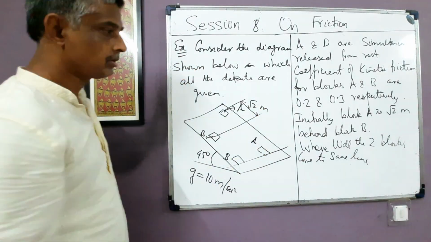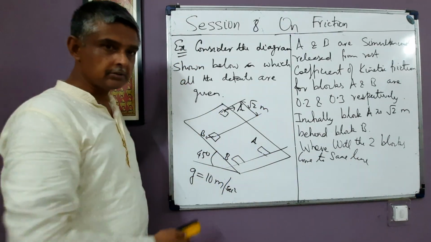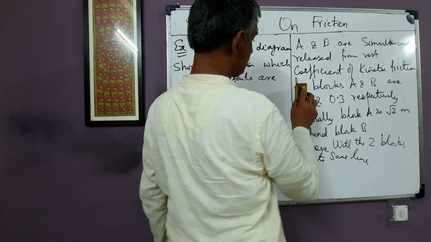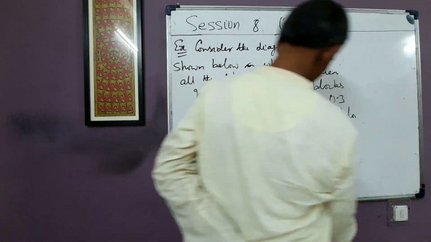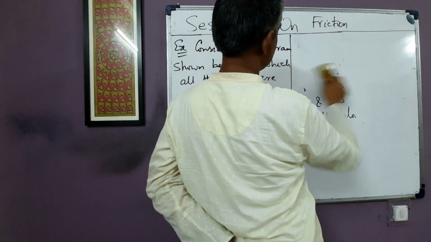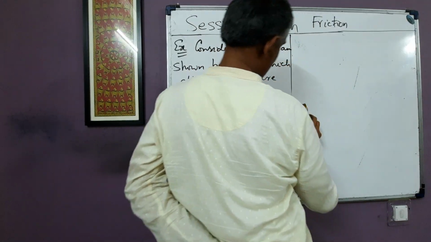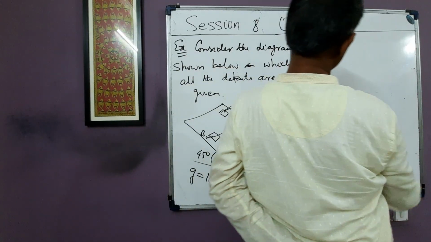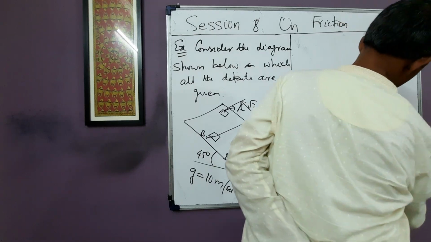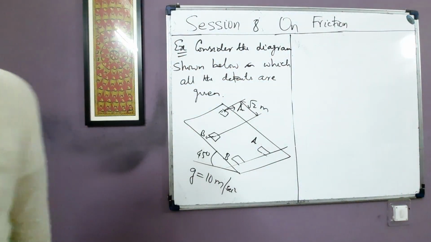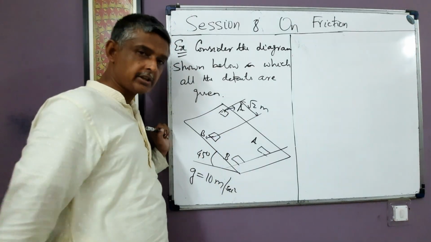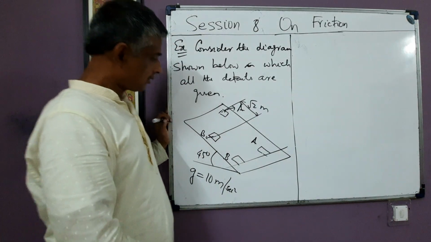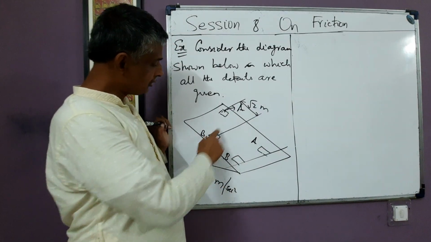Now all the details are given. Both the blocks are released simultaneously from rest, and the friction coefficient here is 0.2, here is 0.3.